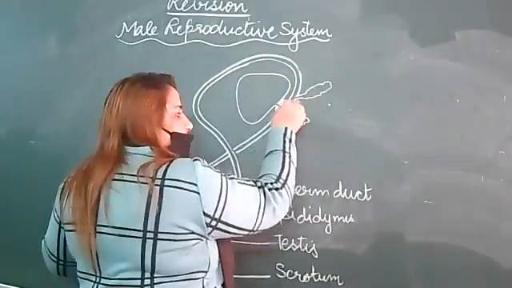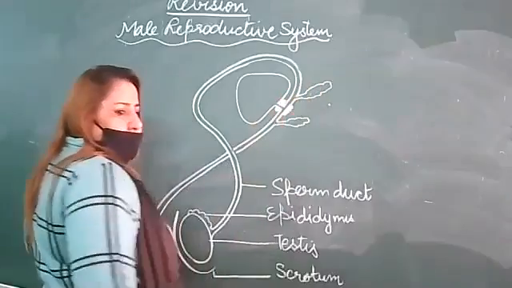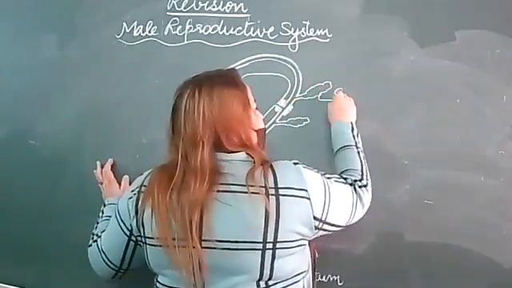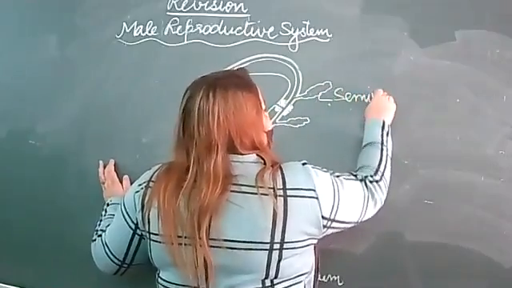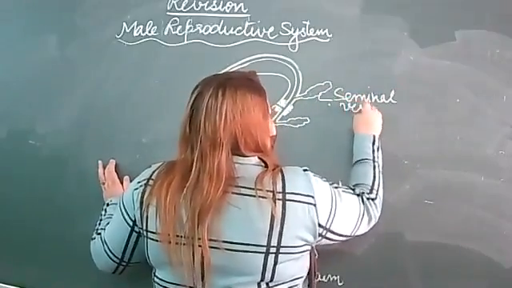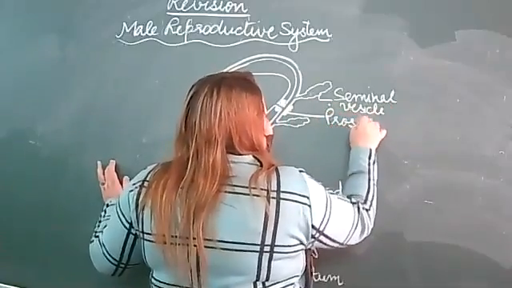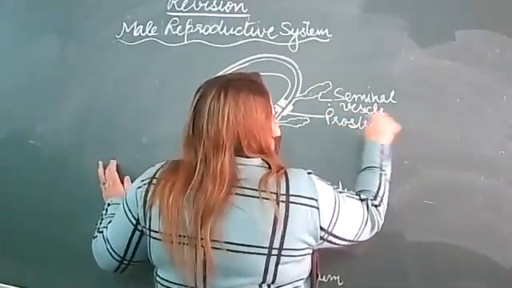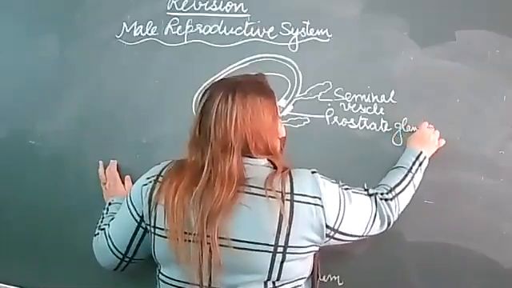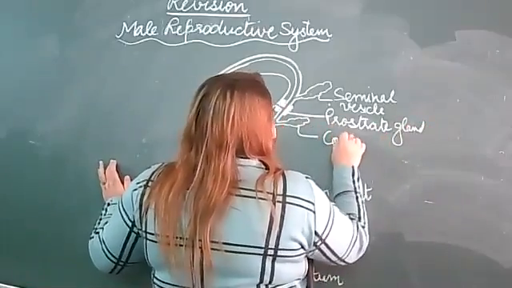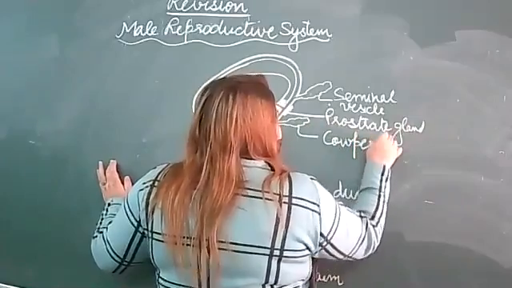Now these three are the glands. This is seminal vesicle. This is prostate gland. And this is Cowper's gland.